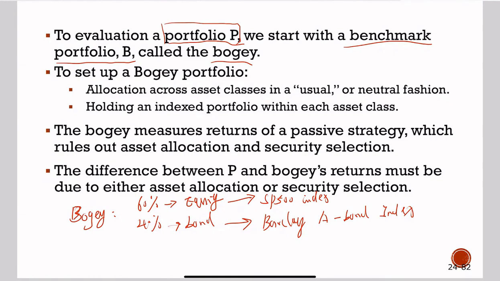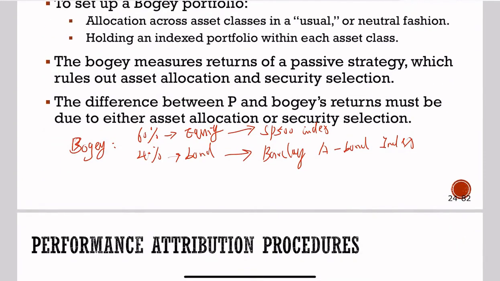And then you compare the return of your portfolio P and the return of the benchmark portfolio. The difference in returns must be because of asset allocation and security selection, right? So basically you will calculate the return of your portfolio P and the return of the bogey portfolio, and you will look at their differences, right?